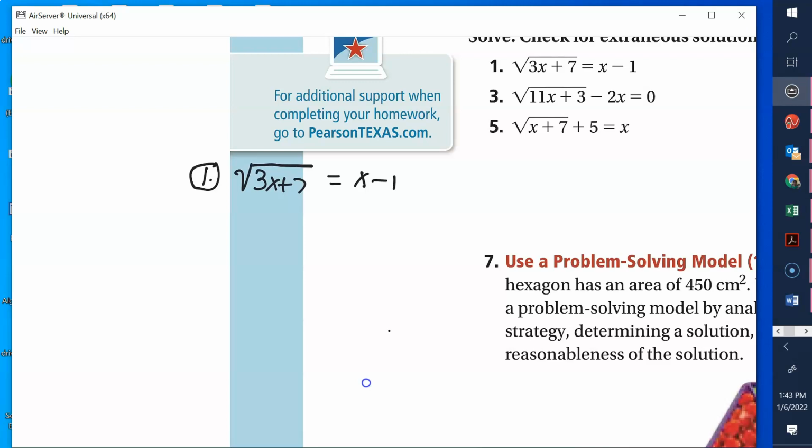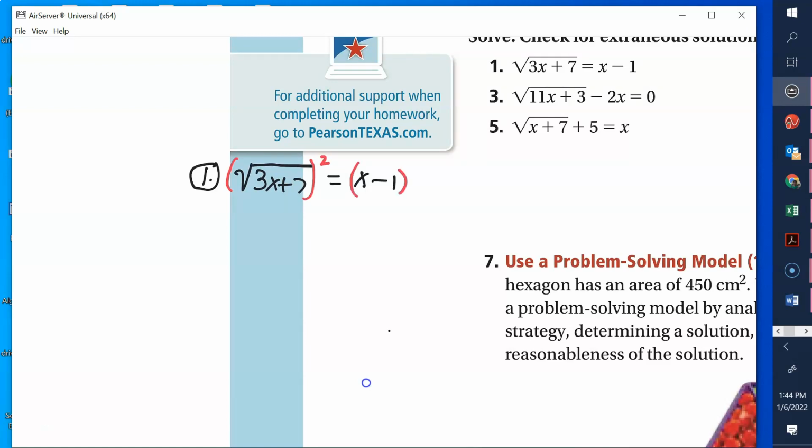You can ask somebody. I'll wait. Okay, so on this left side, you're going to raise it to the second power.